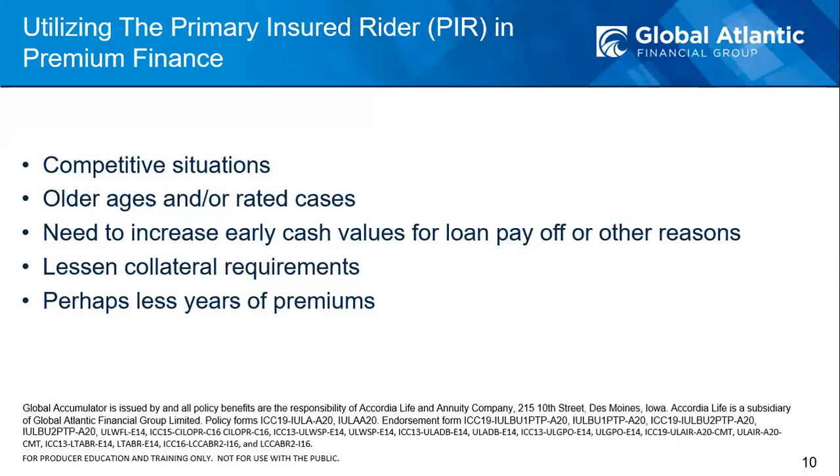Because we're enhancing the performance of the policy, maybe by utilizing a term blend, we can use fewer years of premiums. So sometimes, like at age 60 plus, the numbers don't quite work out with a 7-pay. Sometimes we have to do an 8-pay, 9-pay, a 10-pay in order for the numbers to work out. Well, what happens? You're borrowing more money, right? So that means more out of pocket. That means the interest costs are higher.